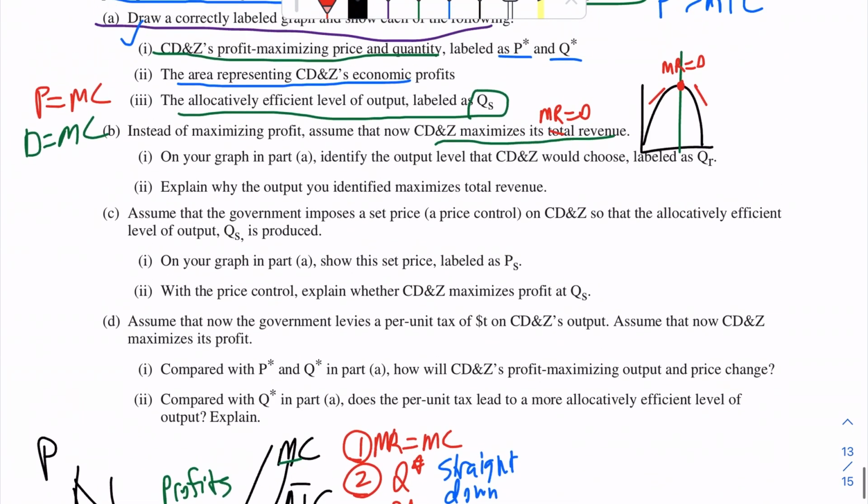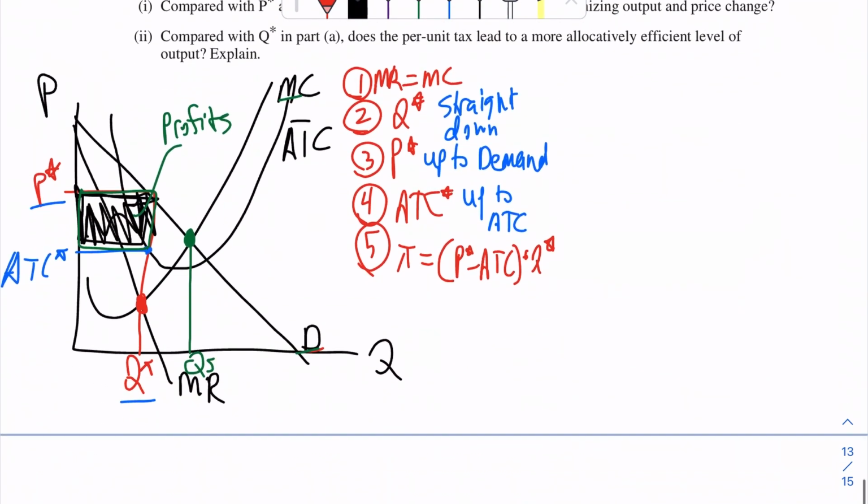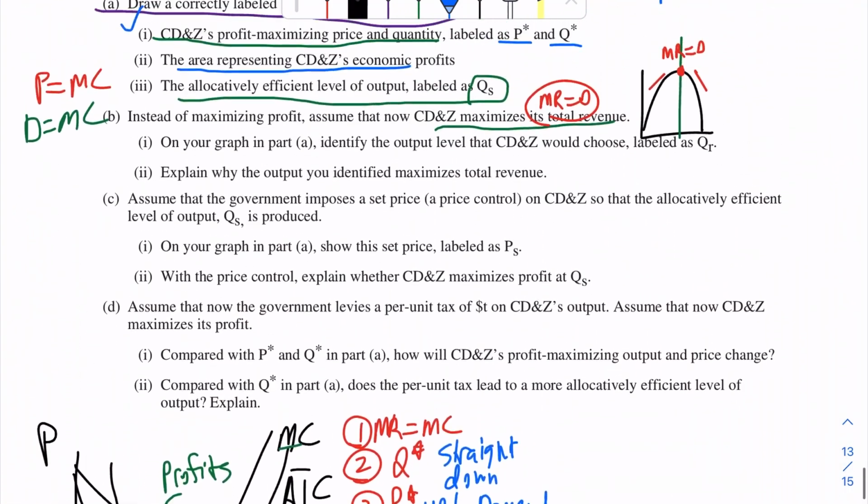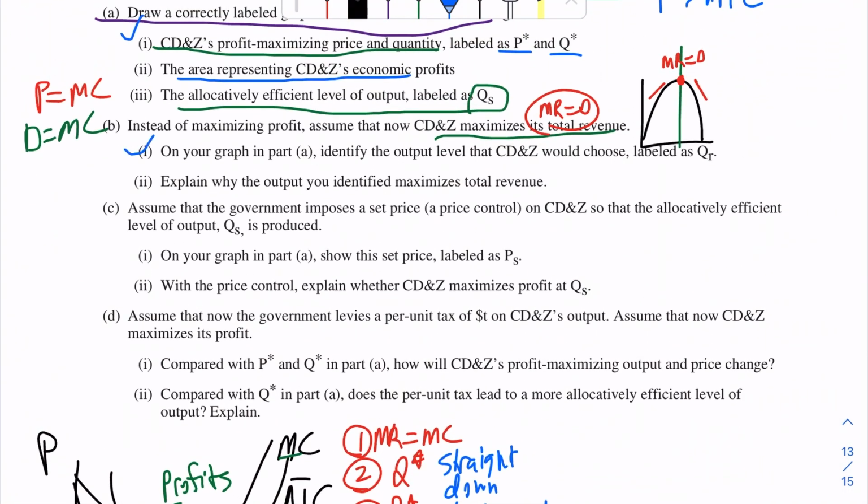So we're going to put where MR equals zero, and that happens right here because this line right here is zero. So where is MR equal to zero? At this point. So this is QR. Okay? So that's what we're going to do. All right, so that's good. Explain why the output you identified maximizes total revenue.